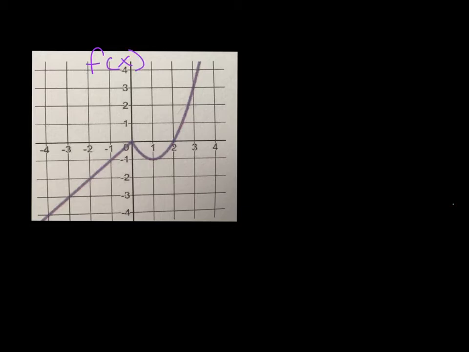So if I start with my original function, f of x, where x is the input and y is the output, the input value changes for the same output. What I mean is that the y values in this case will be staying the same, but what changes is the x values.